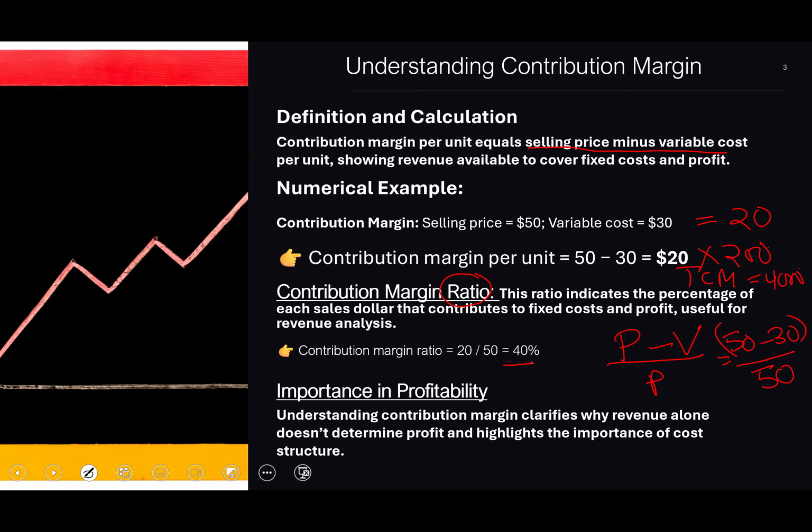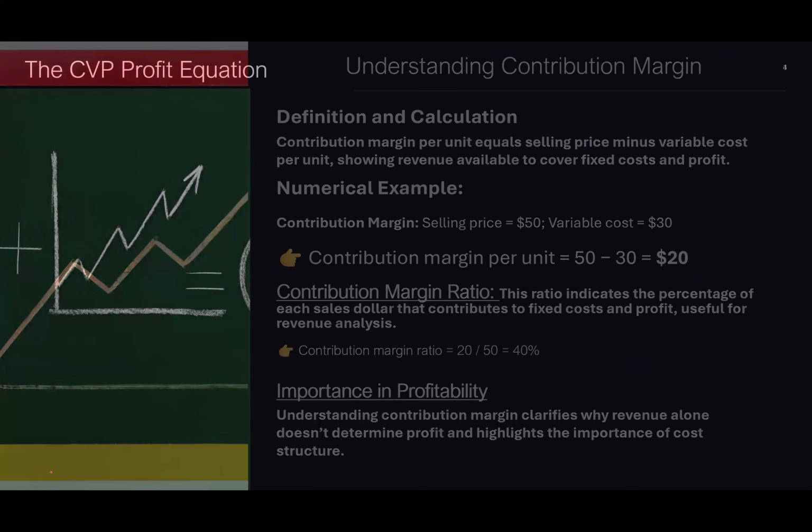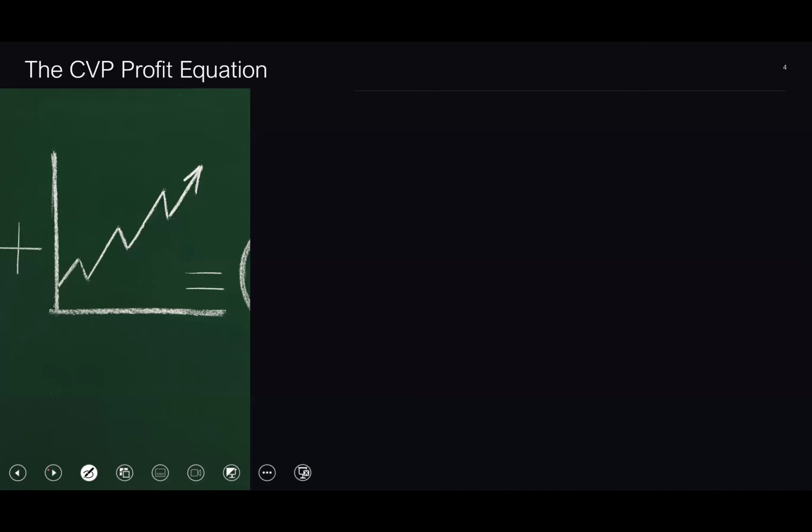Every dollar of sales brings you 40 cents in your pocket as contribution margin. What does that also mean? Every dollar of sales that you make in this company, 60 cents go to variable cost and 40 cents come to you as contribution margin. It's a very important concept because just revenue cannot tell you how much would be your profit, because if you have very high costs, you will still not be able to see any profit.